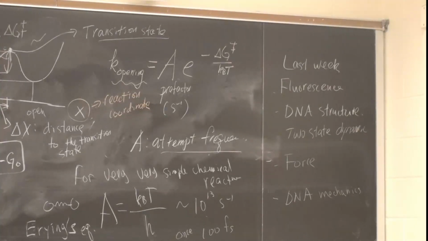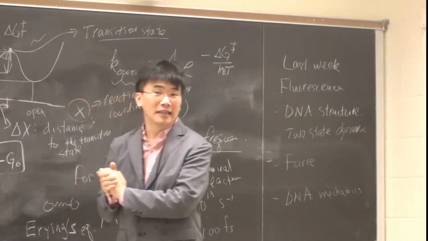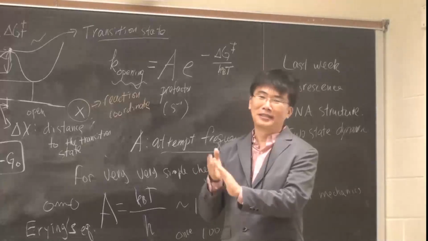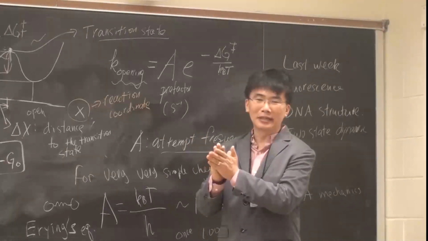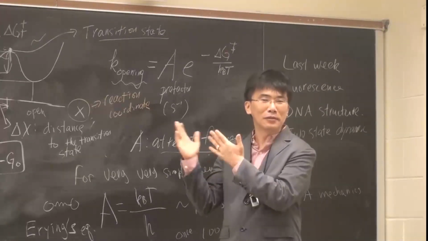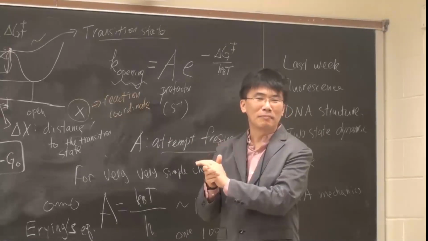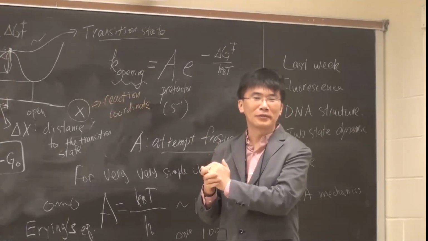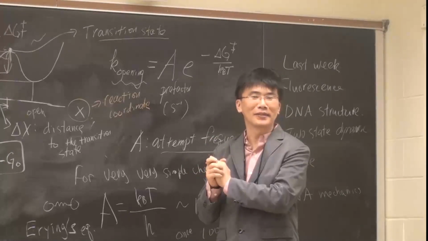No. Essentially, for any kind of mechanism like proteins and DNA, I don't think you can use it. And some people use it, but I don't think that's correct. Actually, we tried to use it, and then we got scolded by a reviewer like 10 years ago. So you're not supposed to do that.